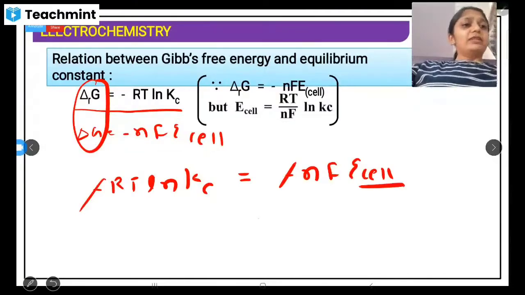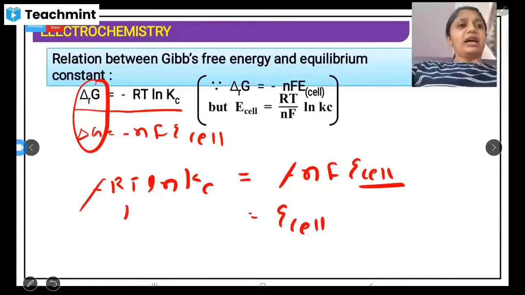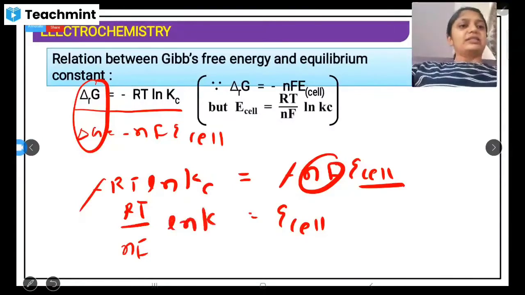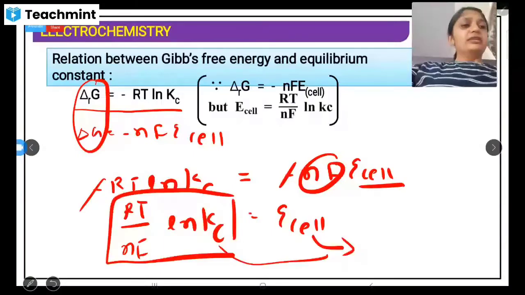If we make E cell the subject, then RT upon nF goes below, then ln Kc. This is the formula which shows the relation between Kc and E cell. Relation between Kc and E cell.